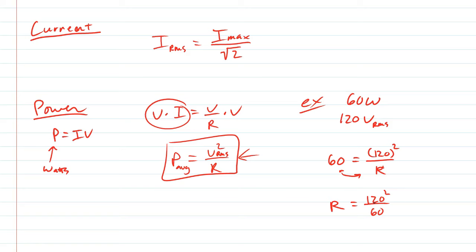Now when I work this out, I'm getting an answer of 240 ohms. So this is a concept we're going to get into more. Some elements in an AC circuit actually act somewhat as a resistor because of the alternating current.